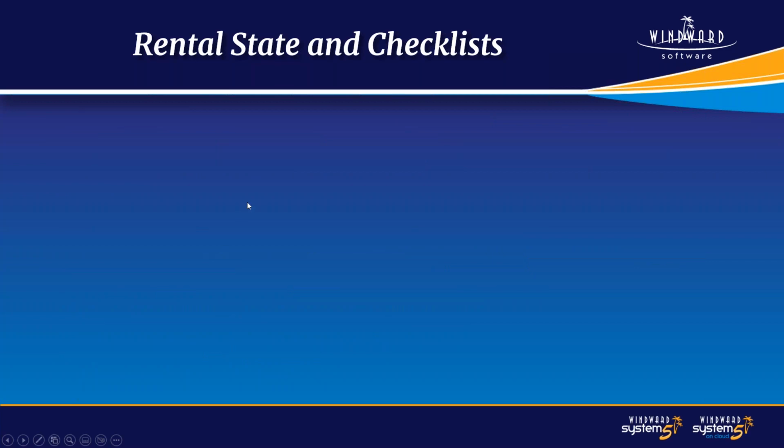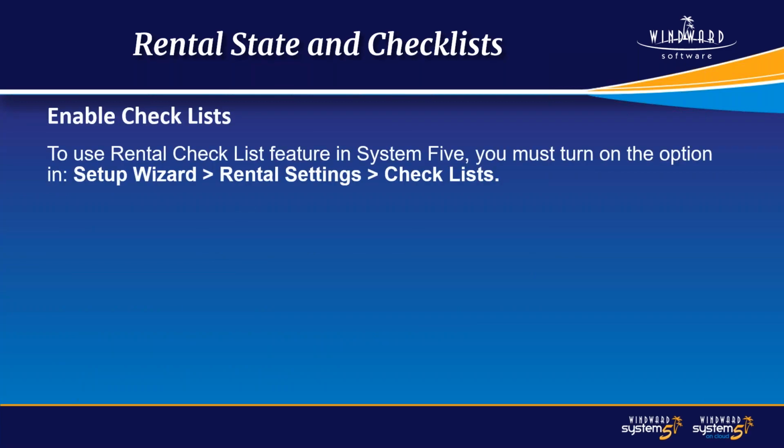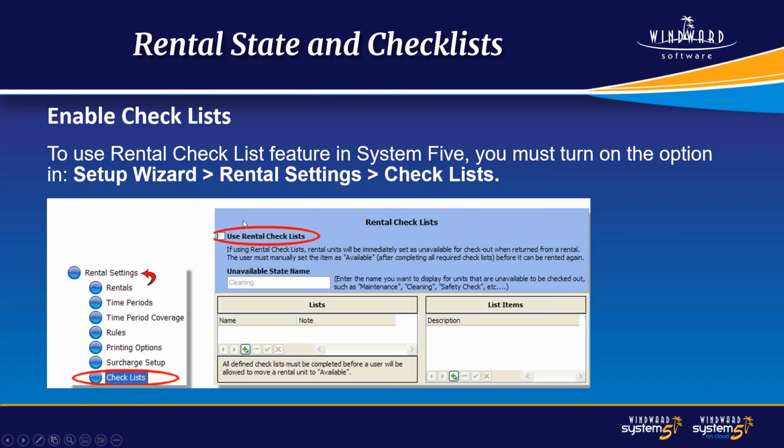So for the setup, to enable the checklist, we need to go to the rental checklist feature in System 5. You need to go to setup wizard, rental settings, and then checklist, as per this screenshot right here. When you go to rental settings, there is a checklist option, and there's a box that you need to check, which is use rental checklist.